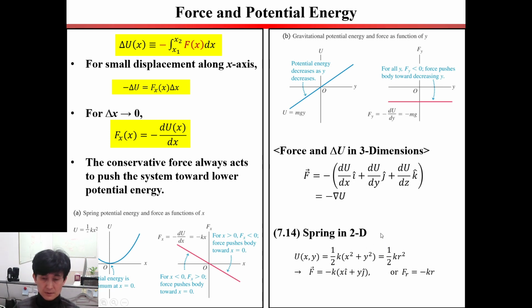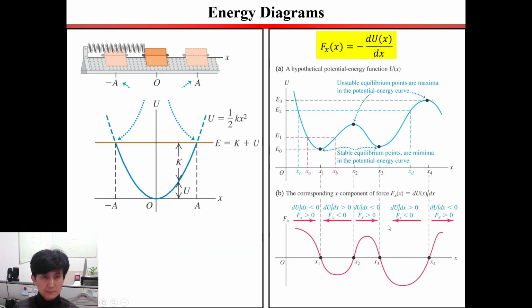We'll skip this one. And so the force is the minus of the derivative of potential. That's what it is. This is from the definition of potential with respect to force.